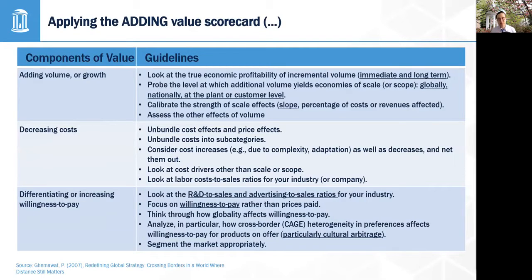Doing something to decrease costs often also lowers willingness to pay, or doing something to differentiate often also increases costs. So you need to take into account both sides and ensure that you're creating more value and not just shifting one of those and not thinking about the effect on the other. But in general, when you're applying this framework, you can focus on the dimensions that are most relevant to your business.